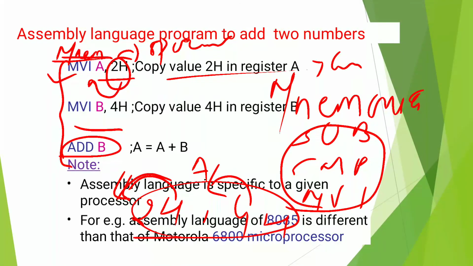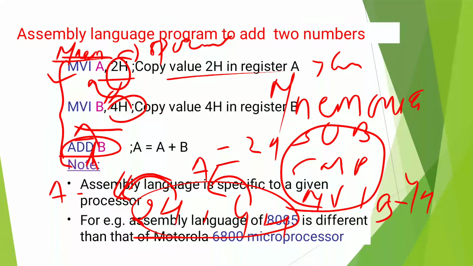So now accumulator has the data 2H and the second data, that is 4H, is moved to the register B using the instruction MVI B. Now B has the data 4H. Now we are performing the add instruction, that is ADD B. Means by default the accumulator is present here.